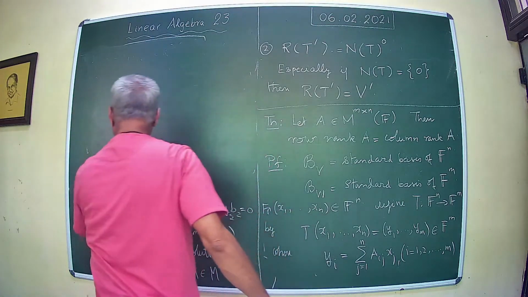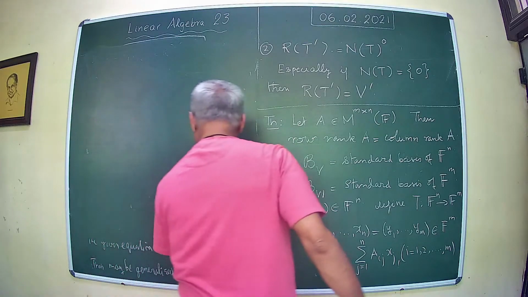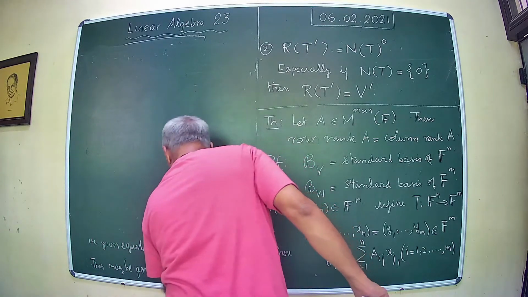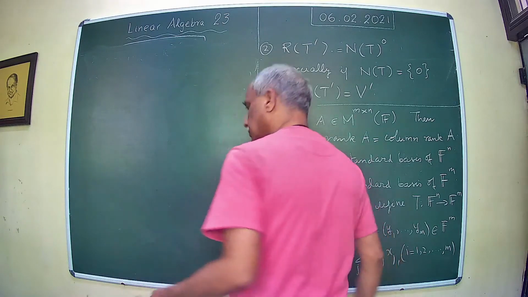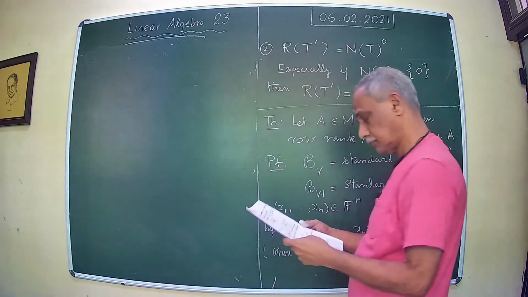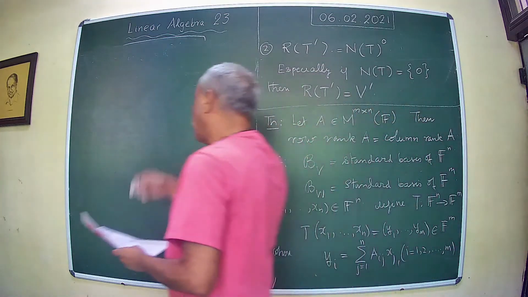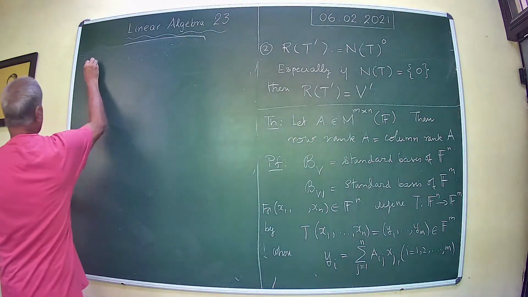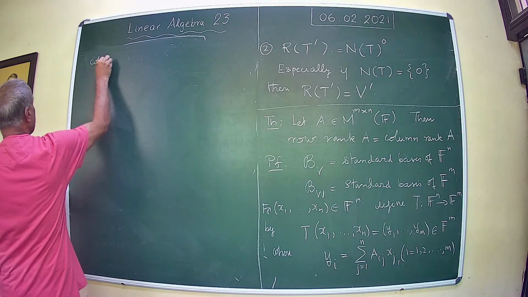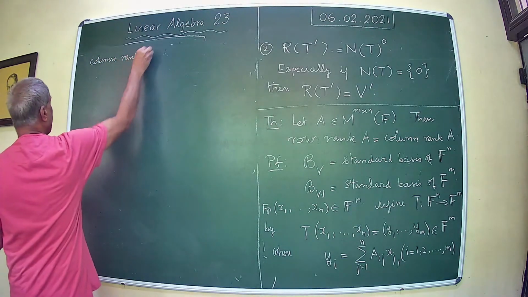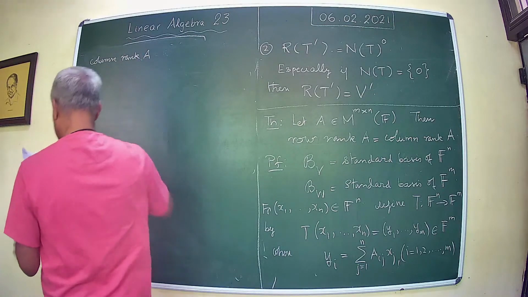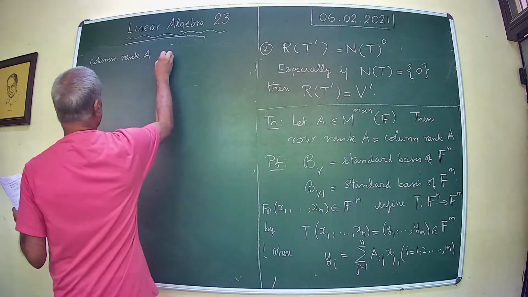So T is now defined from Fn to Fm. Now we observe that the column rank of A is equal to the rank of T.